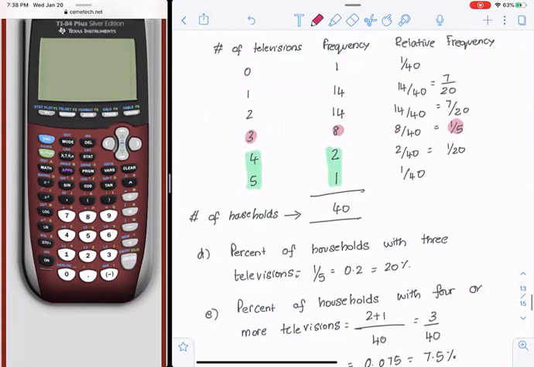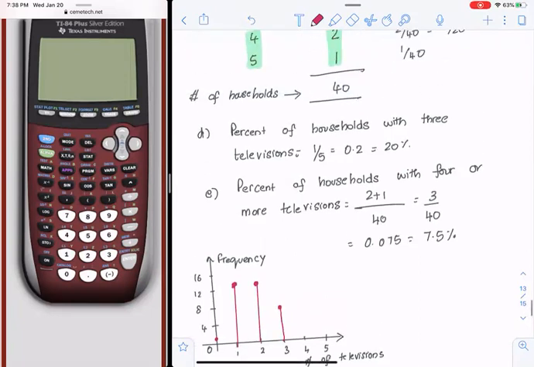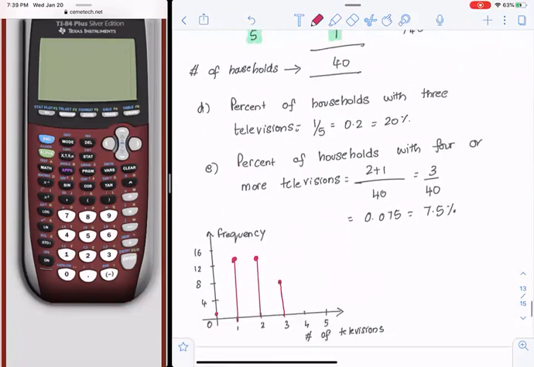Exactly 3 televisions, the number of households with 3 televisions would be 8. Four televisions would be 2.